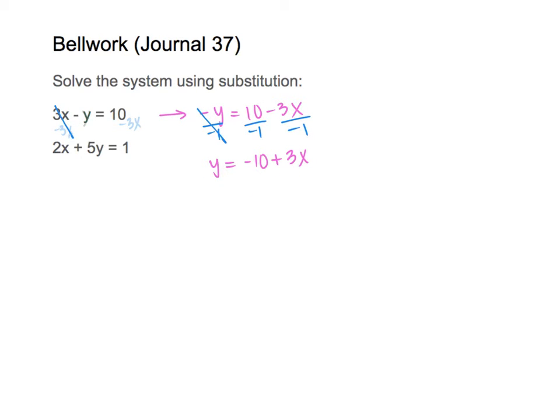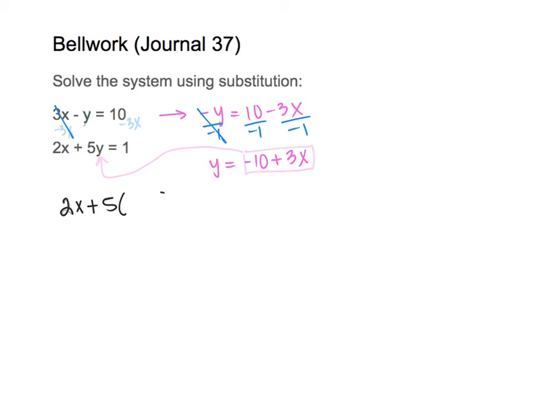So I'm going to use what y equals, which is this piece right here, negative 10 plus 3x, and plug it into this second equation's y, so I can solve for the variable. Down here, I'm going to write out 2x plus 5.